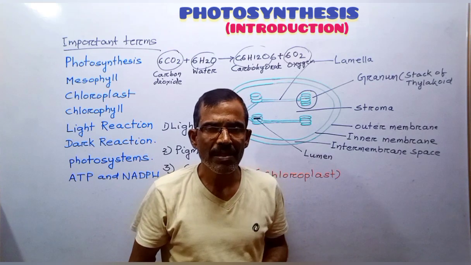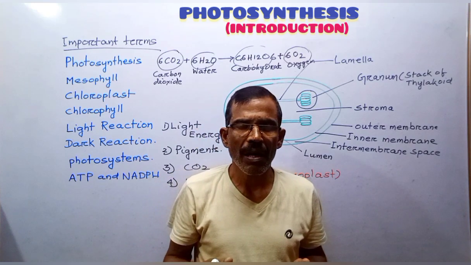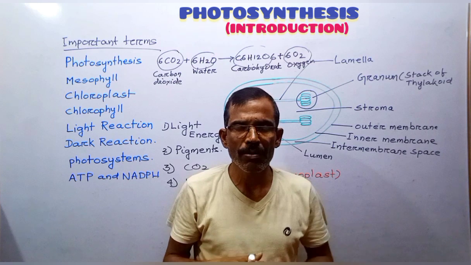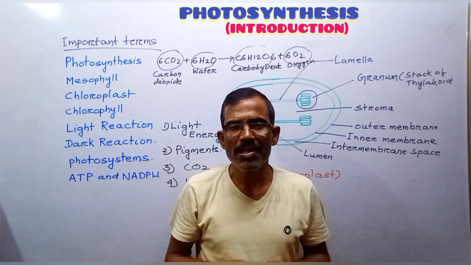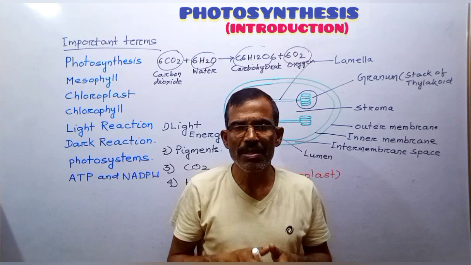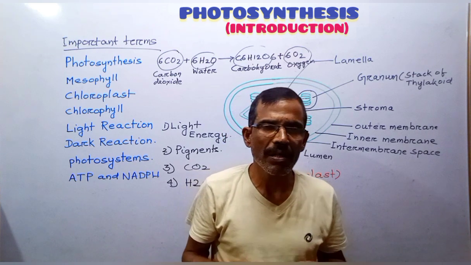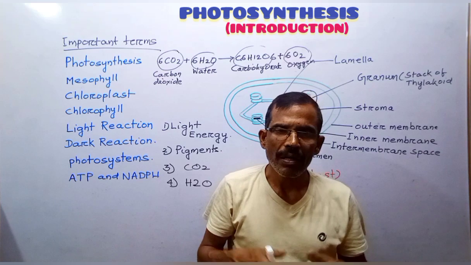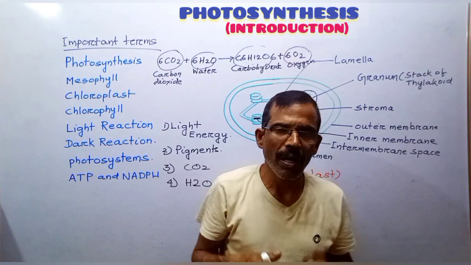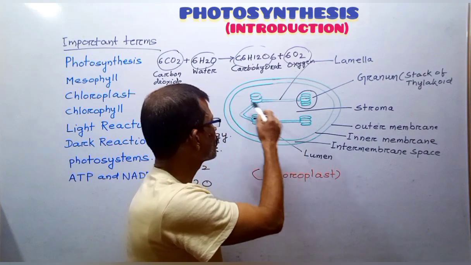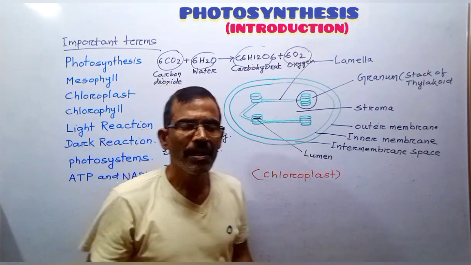The end products of light reactions are the high energy compounds ATP and NADPH, which are used to synthesize sugars in the dark reaction. The dark reactions of photosynthesis occur in the stroma, which is the aqueous region surrounding the thylakoids.